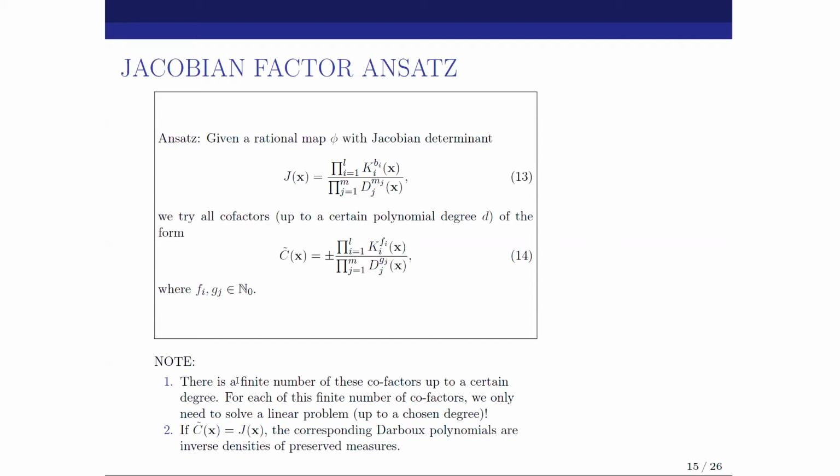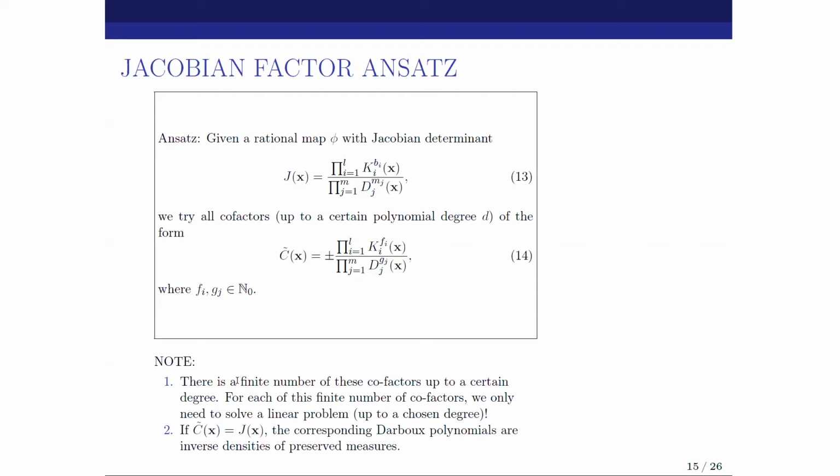And of course, the number of factors in the cofactors is finite, actually. Sometimes there's only one in the numerator and only one in the denominator, so that it's not so difficult to find. But of course, it might still have to reach some higher power. But still, in general, it will turn out that checking a finite number is enough to find all of them, if you want, for your given problem.